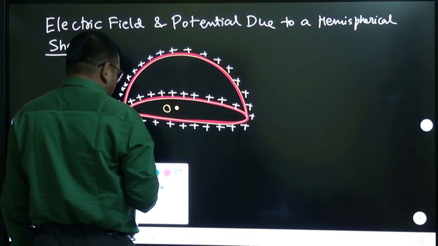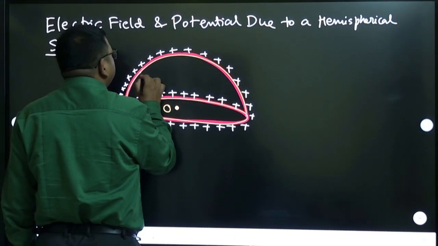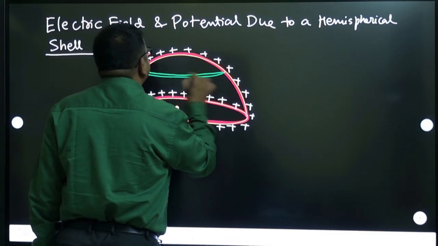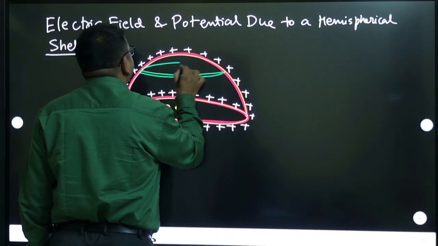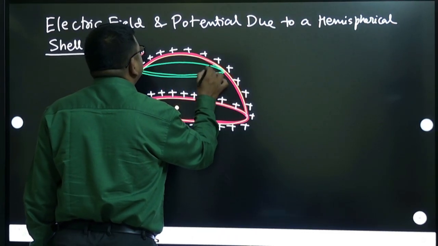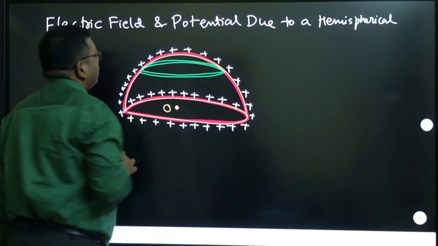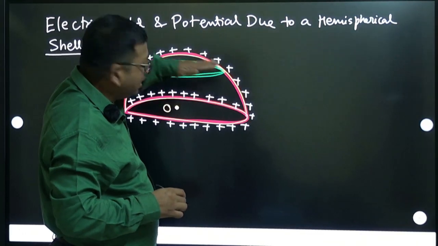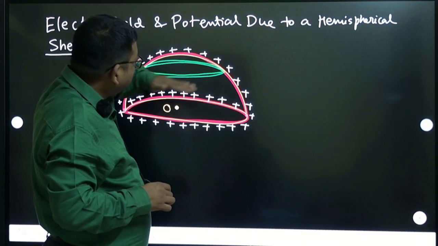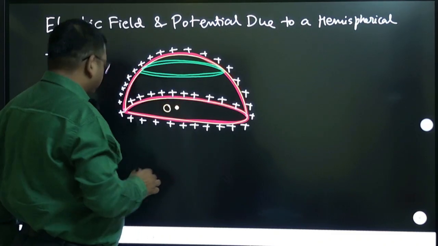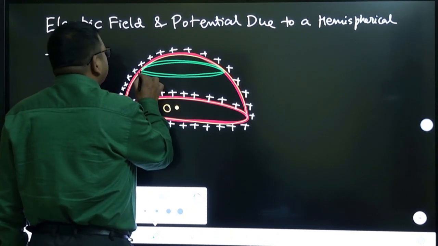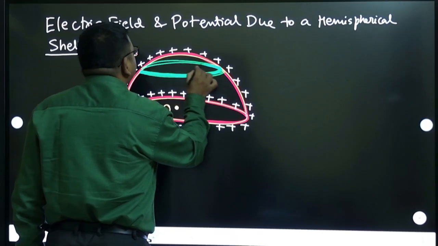So what we need to do is consider a small element here like this, which is like a ring element. We can cut it like a slice, this small slice which you will make. This is like a ring, so this is a ring element.